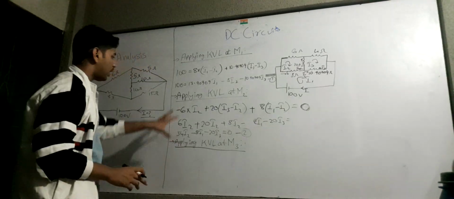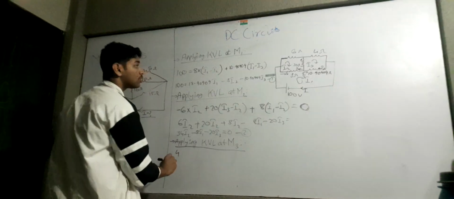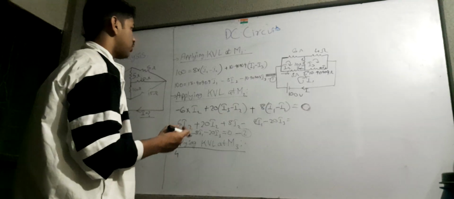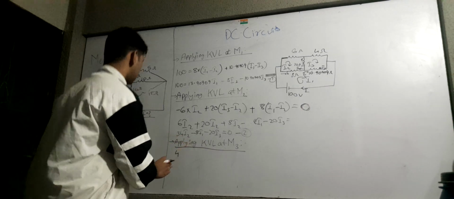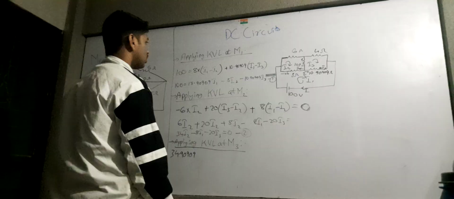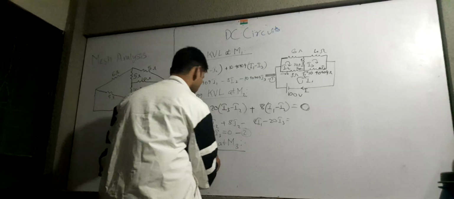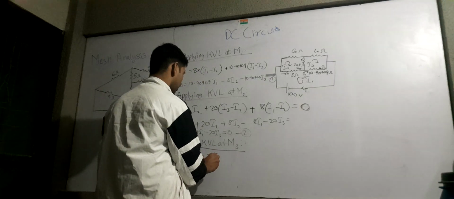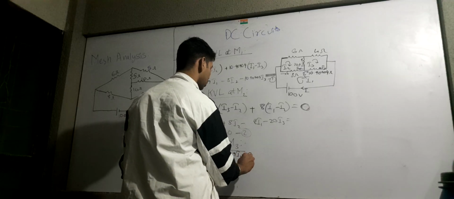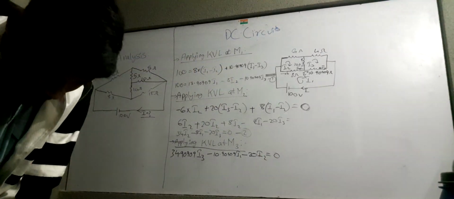So now I'm skipping these steps and directly writing the equation, calculating it all mentally. 4 plus 10.90909 plus 20, that would give again 34.90909 I3 minus 10.90909 I1 minus 20 I2, which would be 0. So let's put that into our calculator.